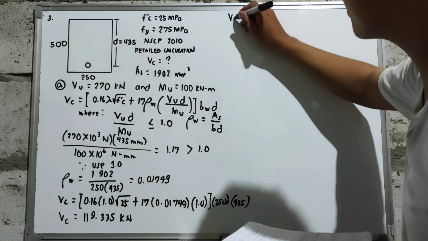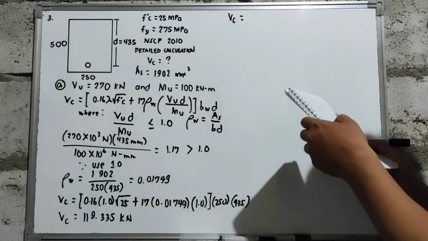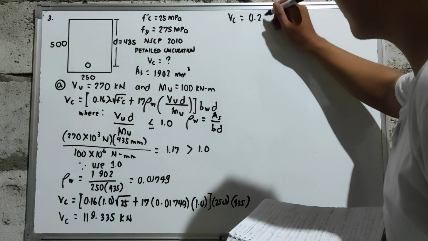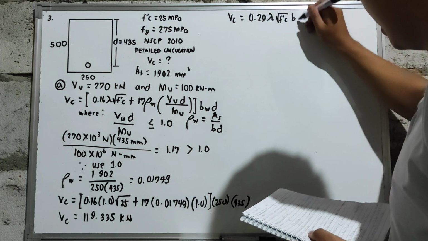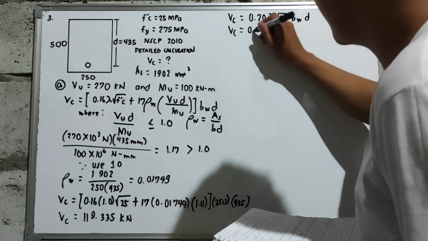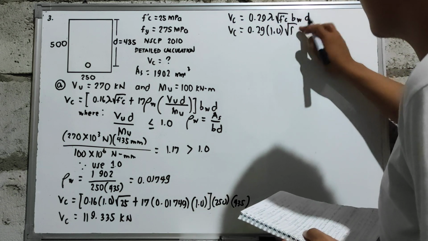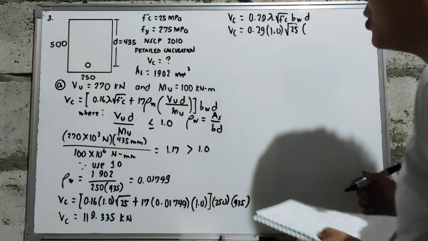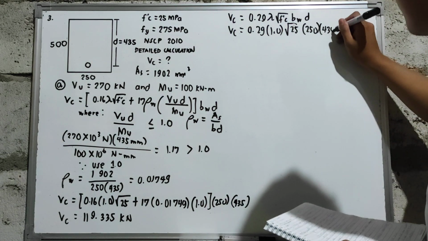Under our detailed calculation, we have another consideration here. Let us compute for the value of your Vc. We have two formulas. The second formula is equal to 0.29 lambda square root of f'c bw d. If you substitute our given values, lambda is 1.0, f'c is 25 megapascal, bw is equivalent to 250, effective depth is 435.